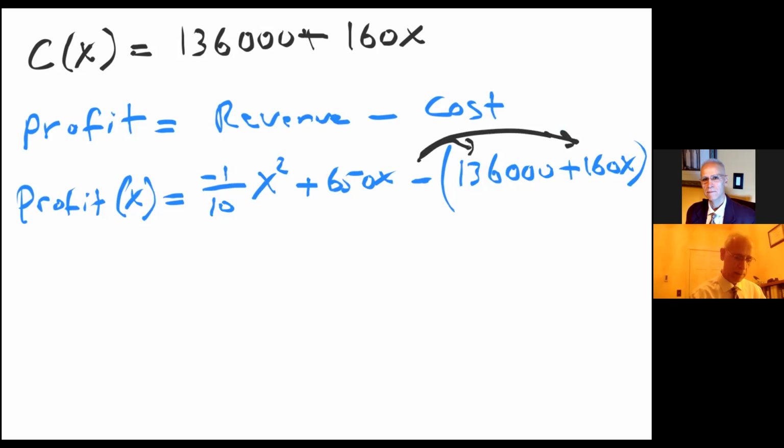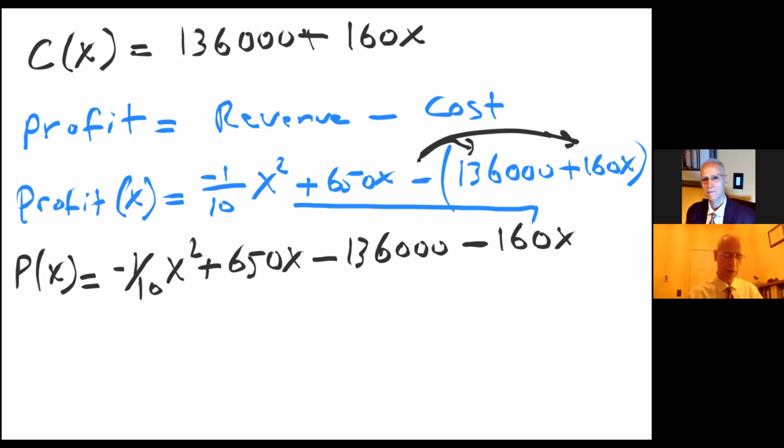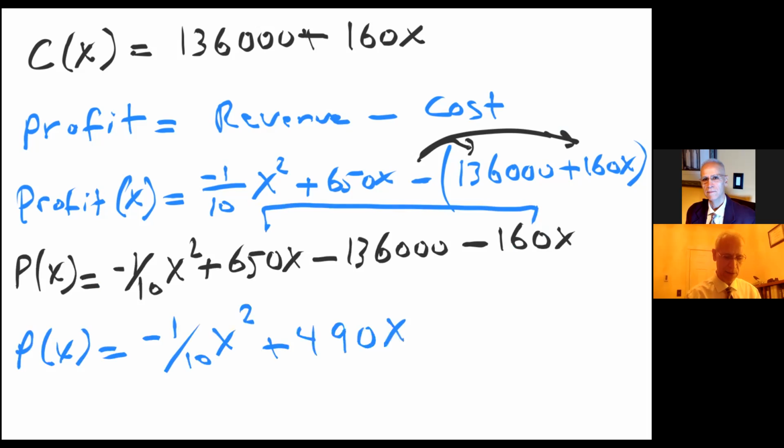So profit as a function of x equals negative 1/10 x squared plus 650x minus 136,000 minus 160x. Now I can combine these two and claim that P of x equals negative 1/10 x squared, 650 minus 160 gives me 490, x minus 136,000.